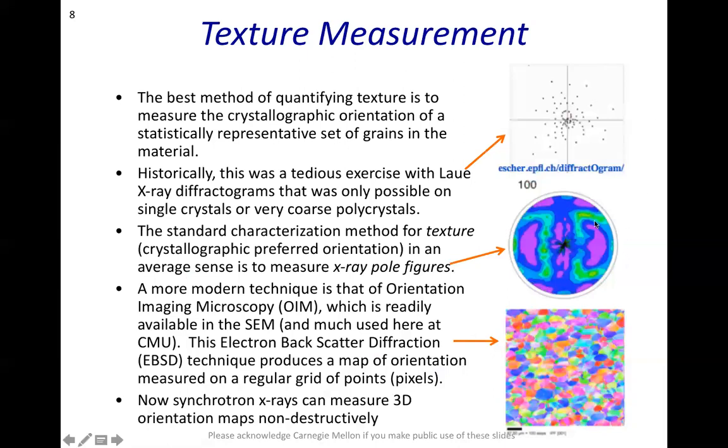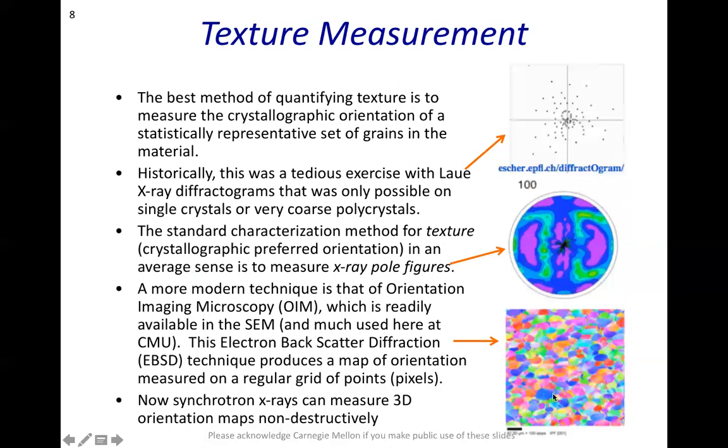By rotating a polycrystalline sample, we can measure the intensity of different plane normals and plot them on these pole figures. And then from measurements of multiple different poles, different crystallographic planes, we can calculate a complete orientation distribution function.